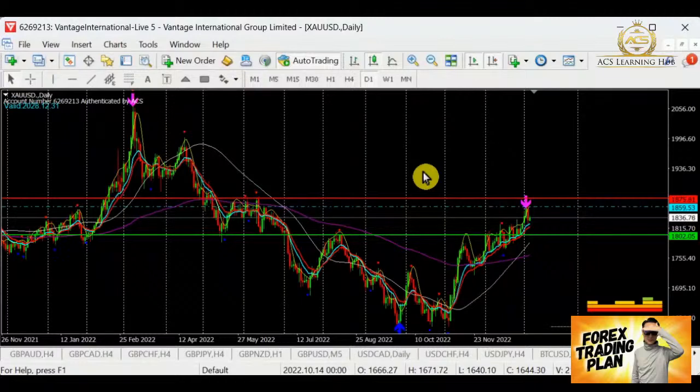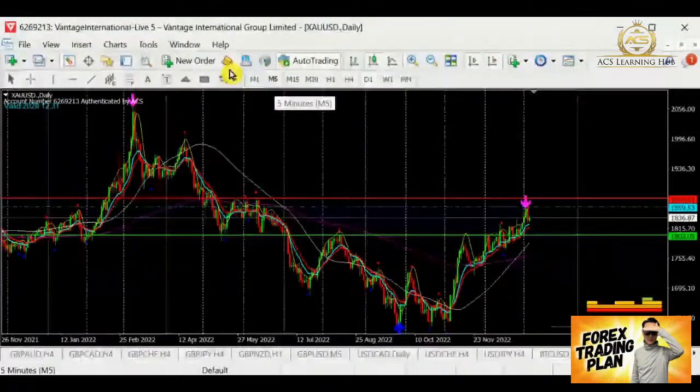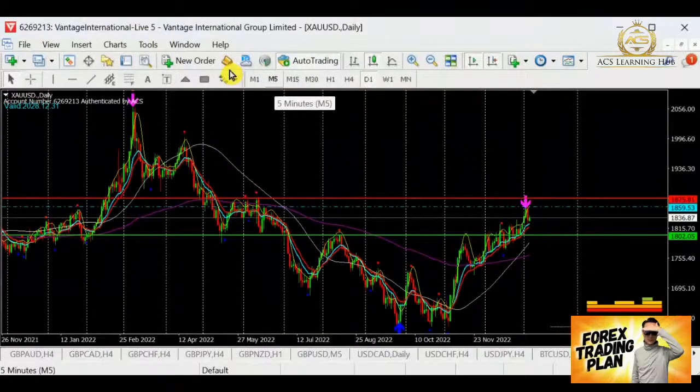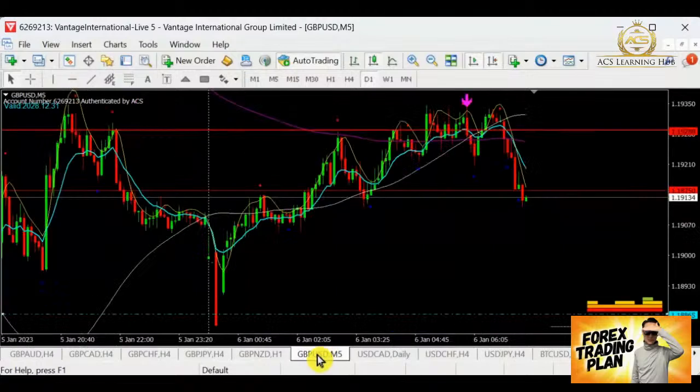So today, will there be a chance that it will still continue to go for a higher high to match the 1875? Then we will still continue buying. So for gold, I would say that the general trend is still on the buying. So buyers can stay, and sellers have to stop. Right, so that should be all for today.